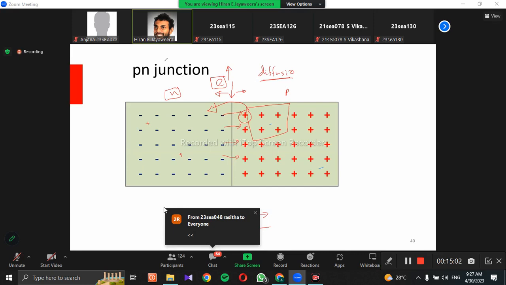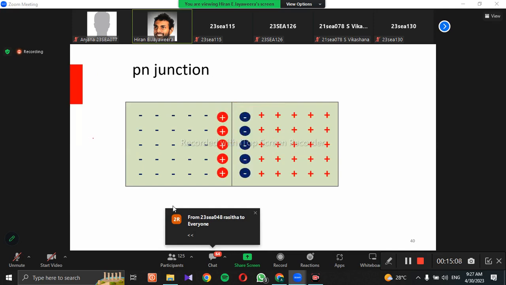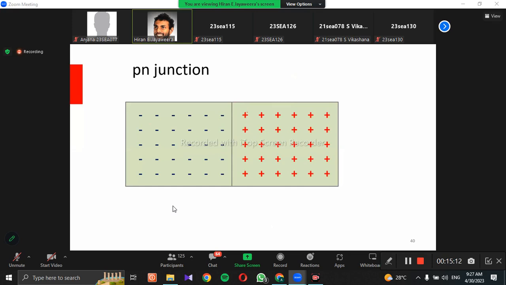Okay, so this is what happens once you make the PN junction. Now, initially, this is a free hole. That means it requires some kind of... so let me clean this.